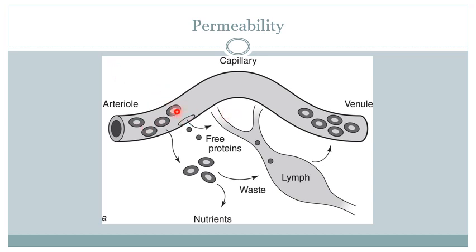This is the normal state of circulation, the process of oxygen and nutrients diffusing through the capillaries. Some free proteins and other things might sneak out, but the lymphatic system, under normal circumstances, will pick that up and remove it. That's why, if our circulation and everything is normal, we don't swell in our extremities.